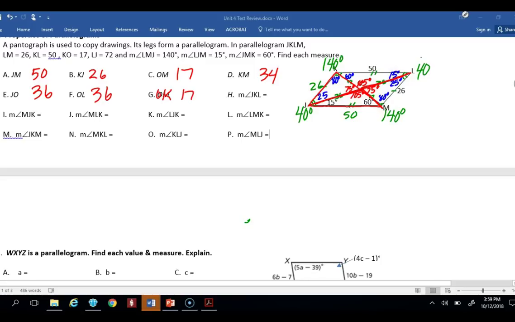Then we are looking for angle JKL. Let me go ahead and draw this in a different color. JKL is this angle up here. So that one's 140.